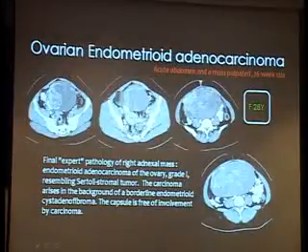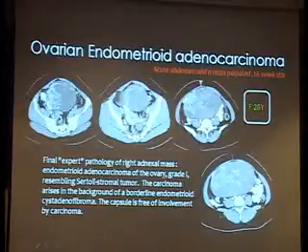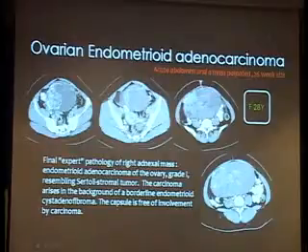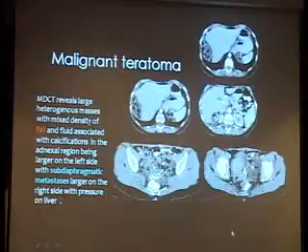And this is also an example. You cannot say from imaging that this is an endometrioid carcinoma, and even by pathology, it needs a very expert pathologist to say that this is an endometrioid carcinoma, but you have the malignant features from this CT scan.